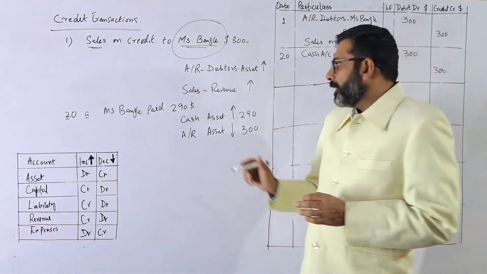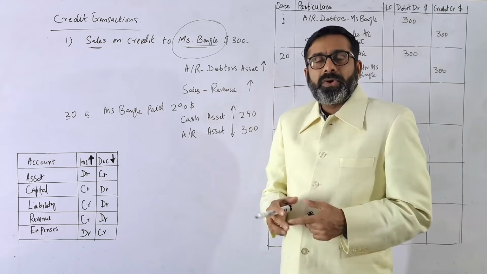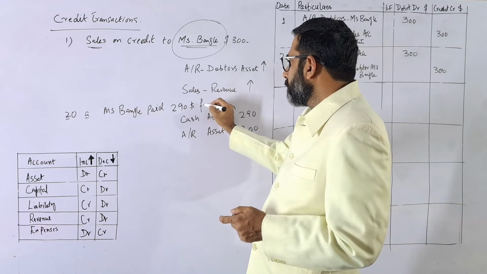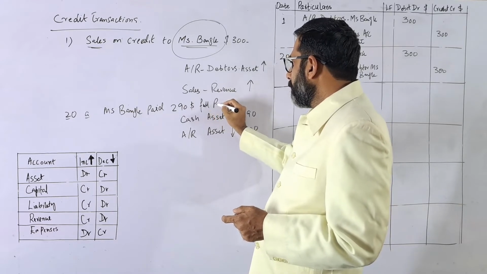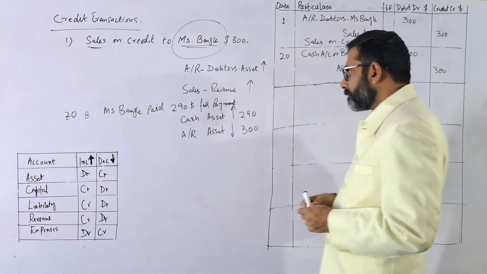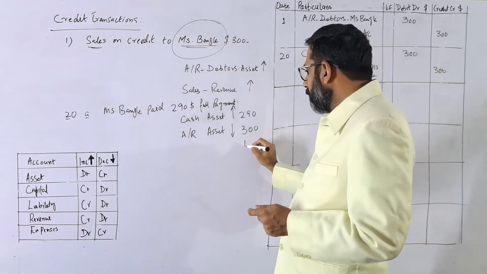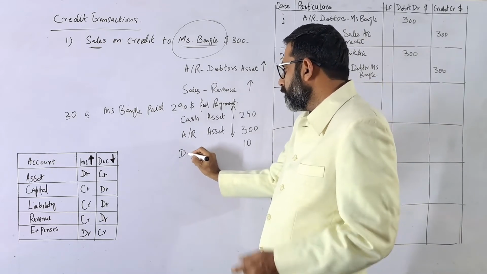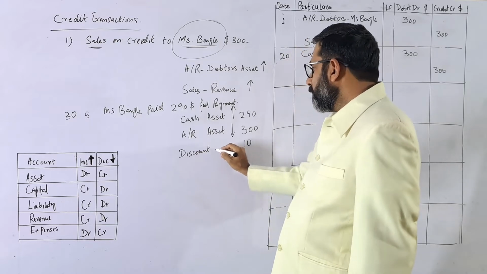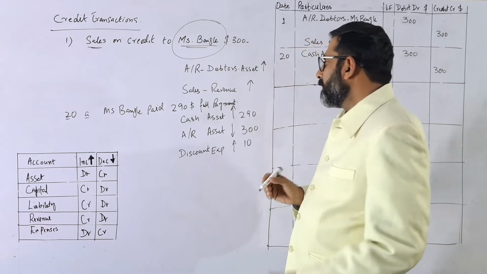That $10 we have to see here, either as a discount or for any other reason. We say just as a full payment, or we can say as a final payment. So that $10 is the discount. Now the discount is an expense for the business, and it is increasing.